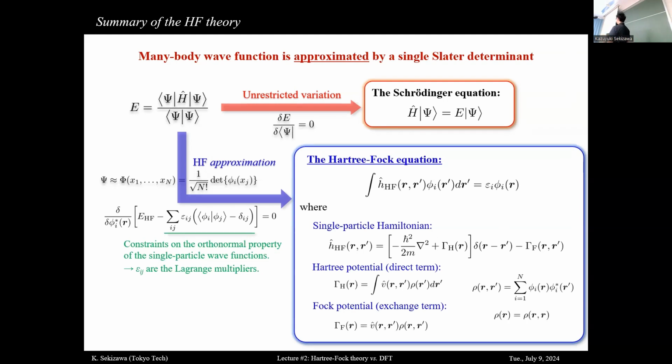So how to solve this equation is the following. You can start with some initial condition, some certain initial wave function. Any wave function is okay. You can put some random Gaussian wave packets, or you may start with harmonic oscillator wave functions, etc. Any initial conditions are okay.